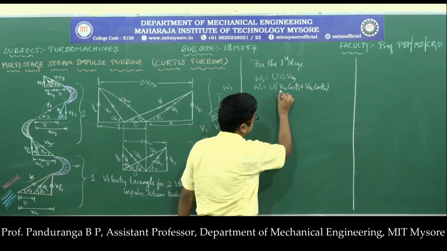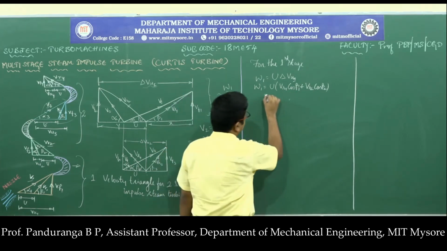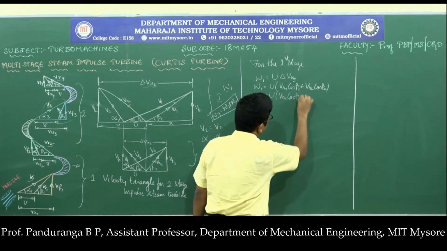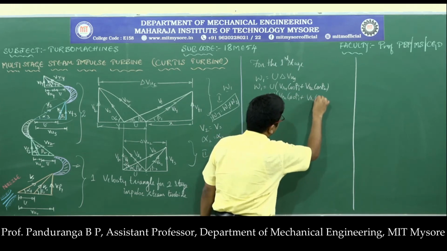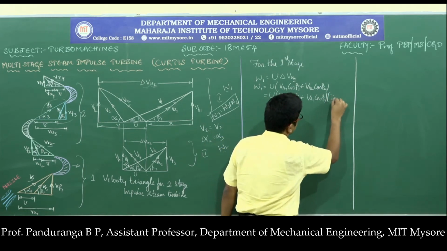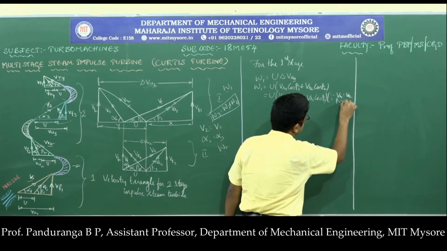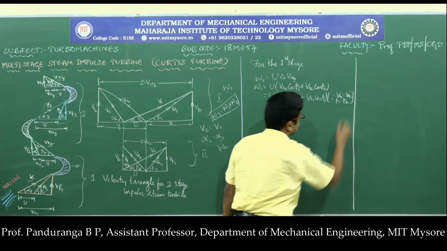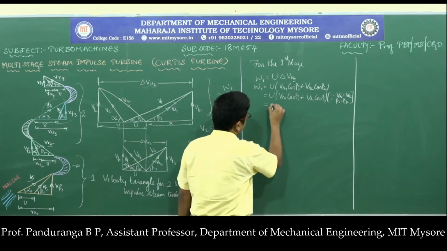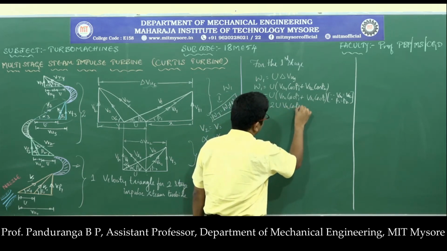So in place of VR2 cos beta 2, I can write U into (VR1 cos beta 1 plus VR1 cos beta 1), because VR1 will be equal to VR2 and beta 1 is equal to beta 2 for an impulse steam turbine. Then I can write this as 2 times U into VR1 cos beta 1.